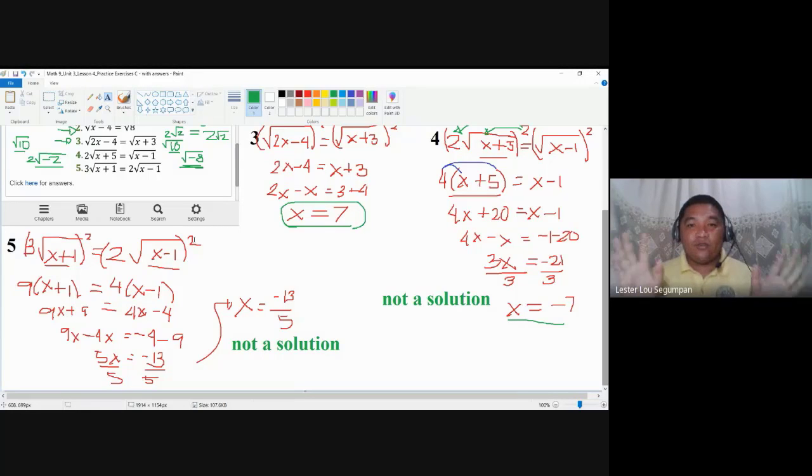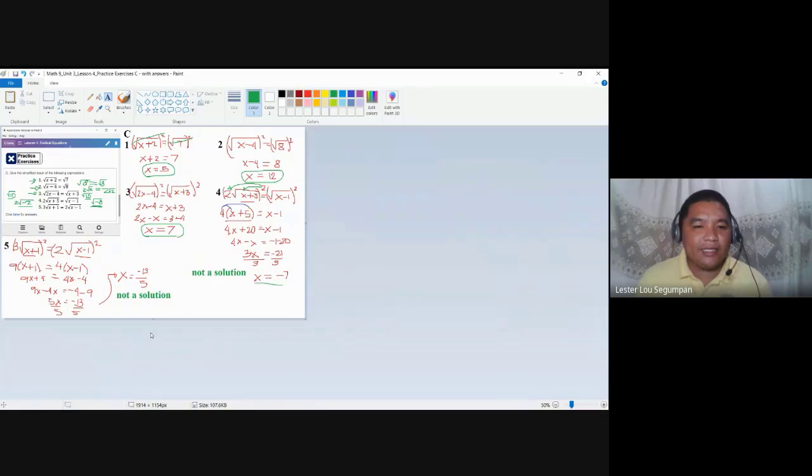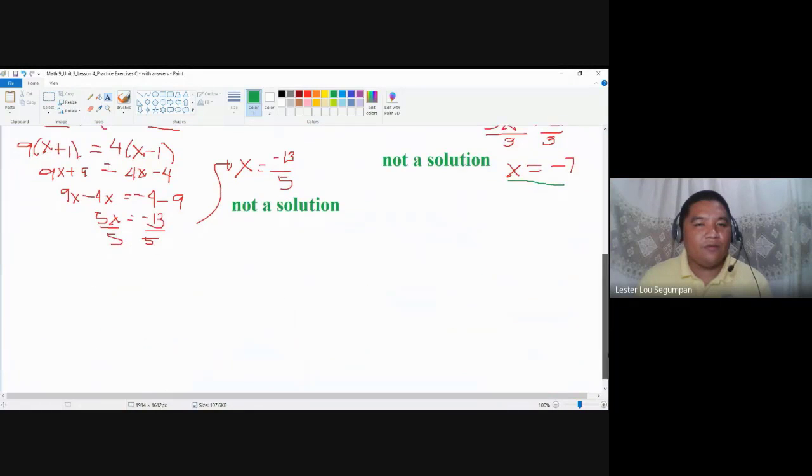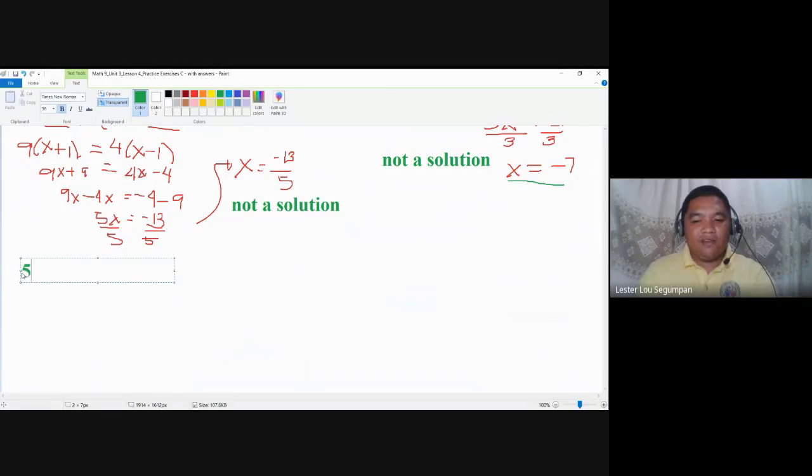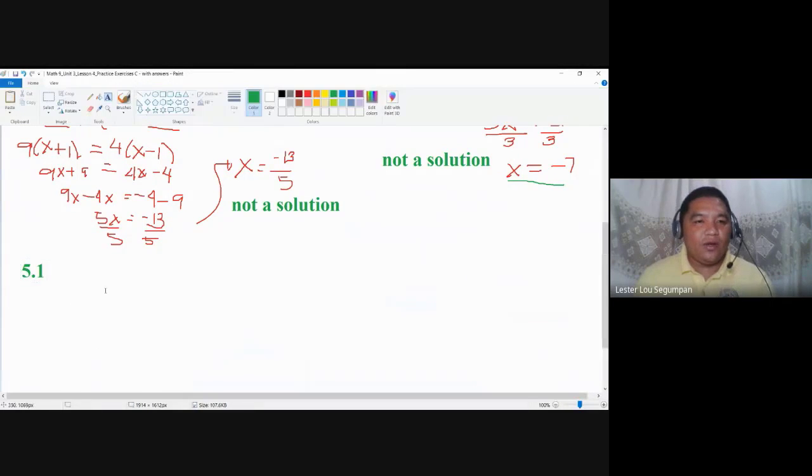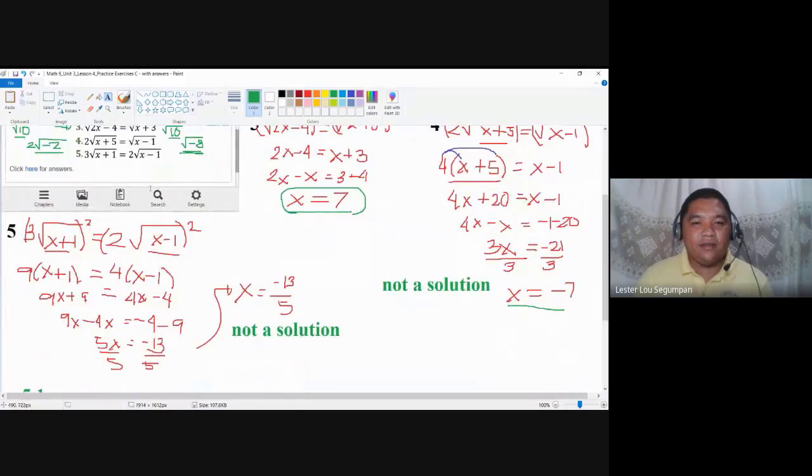But just to make a reference that there are also instances where we will have a solution, let me try to manipulate this number 5 and let me create here an item. Let's label it as 5.1. I'm going to interchange the negativities here.